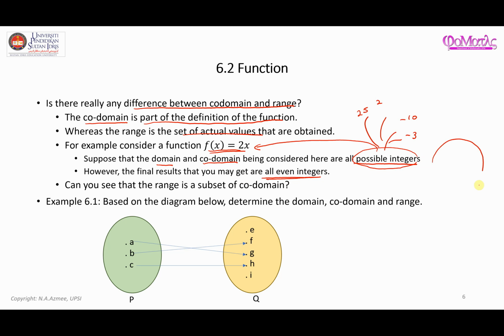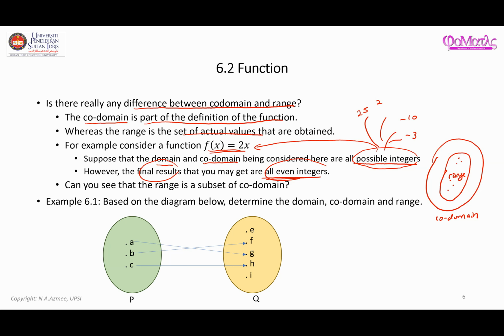The codomain contains all possible integers, but the range, which is the final results that you got, the range or image, will always be even integers. You multiply by 2 and you will get even integers, so those are the range. Okay.